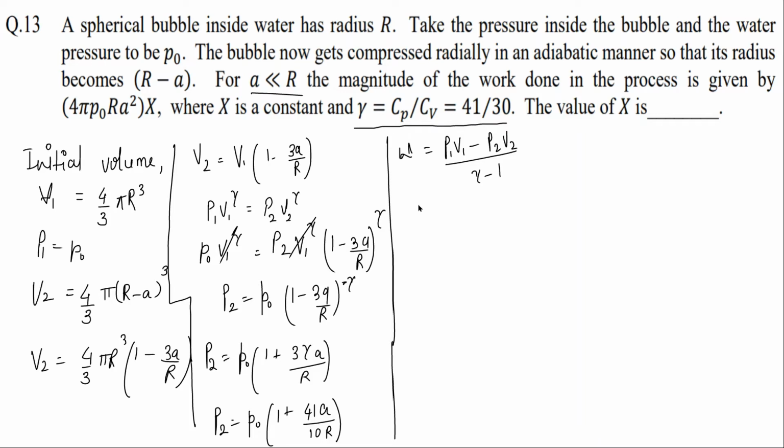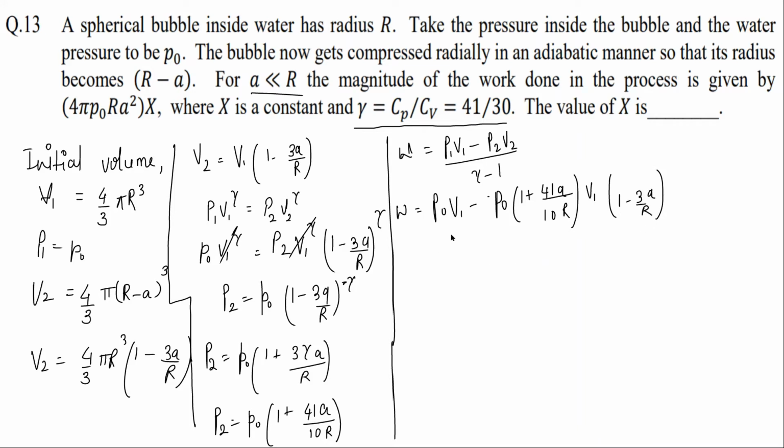So you write down the values: P naught V1 minus P naught times 1 plus 41a by 10r, multiplied by V1 times 1 minus 3a by r.